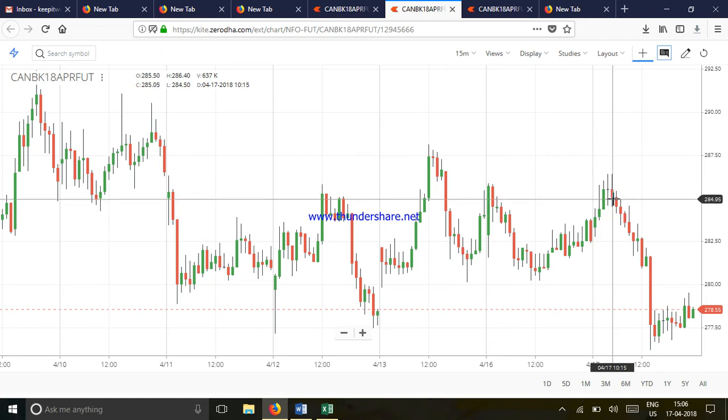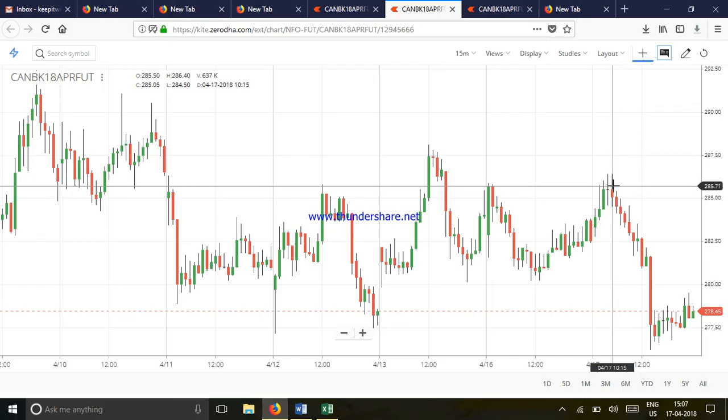The pattern I am looking at is an engulfing pattern. Engulfing pattern means the body of the fractal candle should be completely covering the body of the previous candle, or the next candle's body should be completely covering the fractal candle's body.